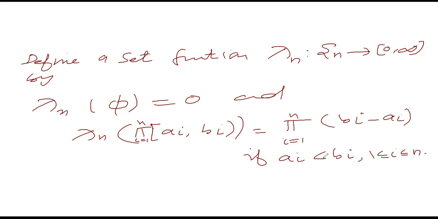In case there is a reverse inequality for some i, the set is the empty set, and lambda n of the empty set is equal to 0. And in case for each i, ai is less than bi, then the value of this set under lambda n is the product.